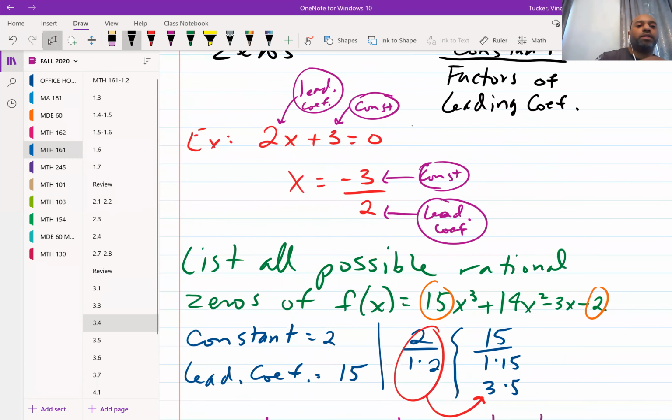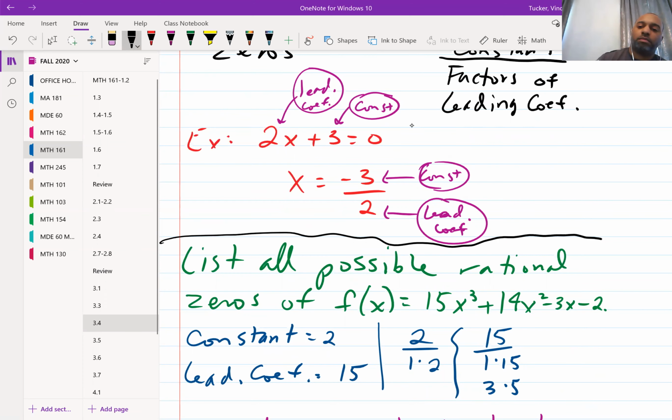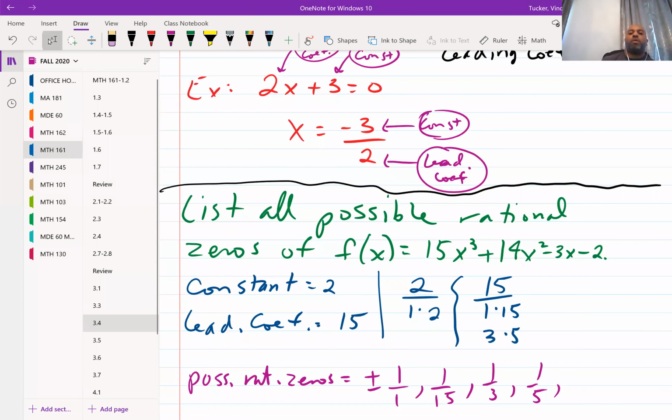All right, so let's see how this works. List all possible rational zeros of f of x equal to 15x cubed plus 14x squared minus 3x minus 2.